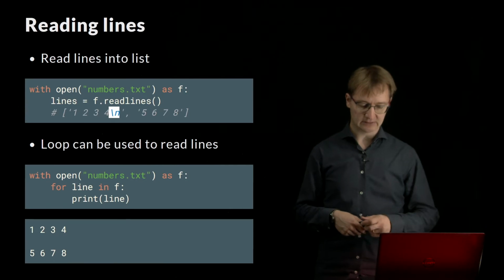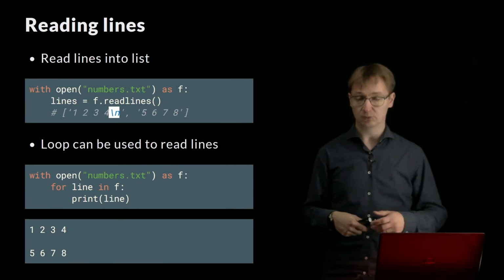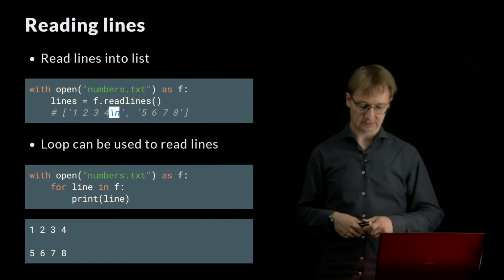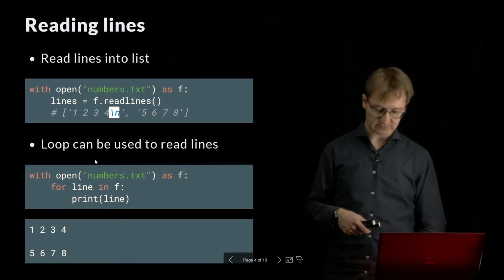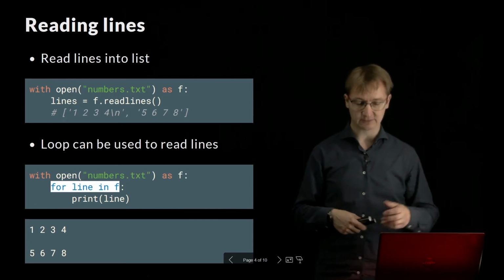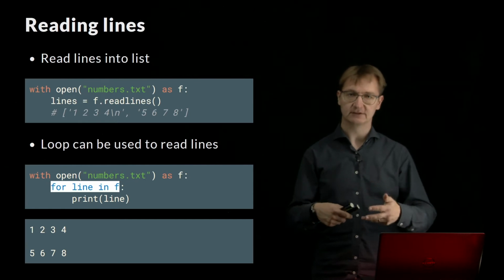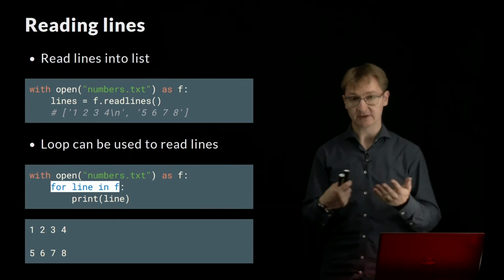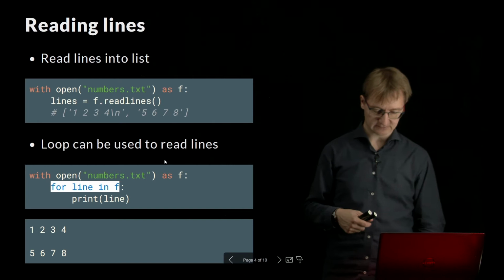We can also use a for loop to go over all the lines. Here you can see that I just call for line in f, where f is the object, the file opened in this line.